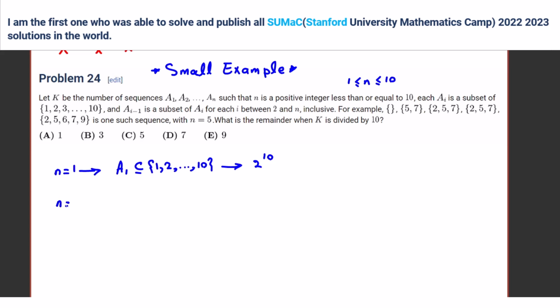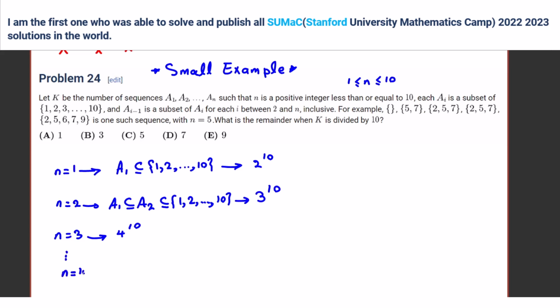For n equals 2, a1 is a subset of a2, which is a subset of 1 to 10. How many ways are there? 3 to the 10th. For n equals 3, it is 4 to the 10th. Yes, similarly, all the way to n equals 10 is what? 11 to the 10th.